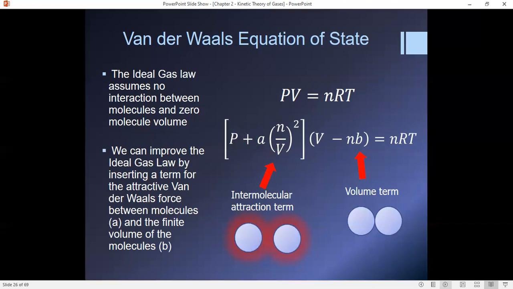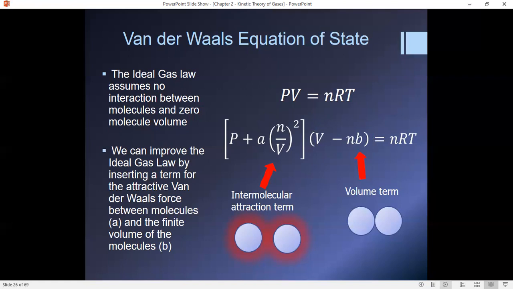The volume term takes into account that if the molecules occupy a particular volume, that reduces this volume term, which causes the pressure to go up. As the molecules get closer and closer to one another, they basically crowd each other out and raise the pressure. So it gives us a much more complicated equation.